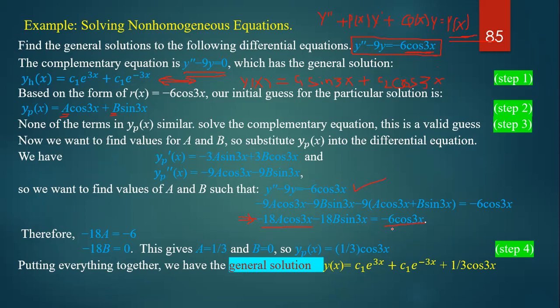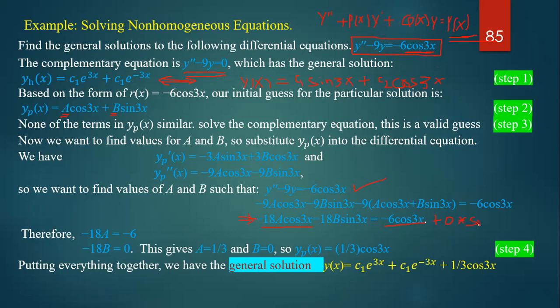So equating this one with this, we can get a. That means minus 18a equals minus 6 cos, and then minus 18b sine 3x equals 0, because we don't have a sine term here.